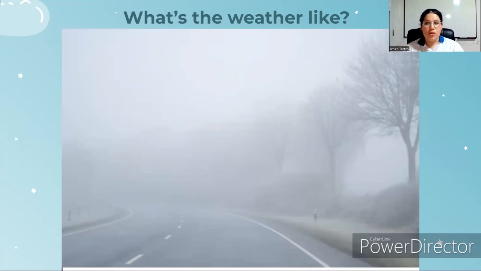So it is no longer a mist, it is foggy. The weather is foggy. Good. We cannot see more than 100 meters, for example. And this is very dangerous if you are driving. You have to be very careful. Good.